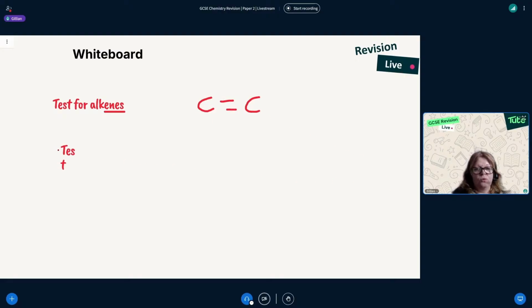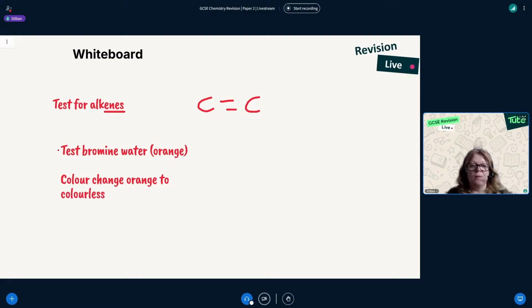Well, I would use bromine water. Now, bromine water is orange. And what the alkene does to the bromine water, it decolorizes it. Okay, make sure I check my spellings. So we will see a color change, and the bromine water will go from orange to colorless.